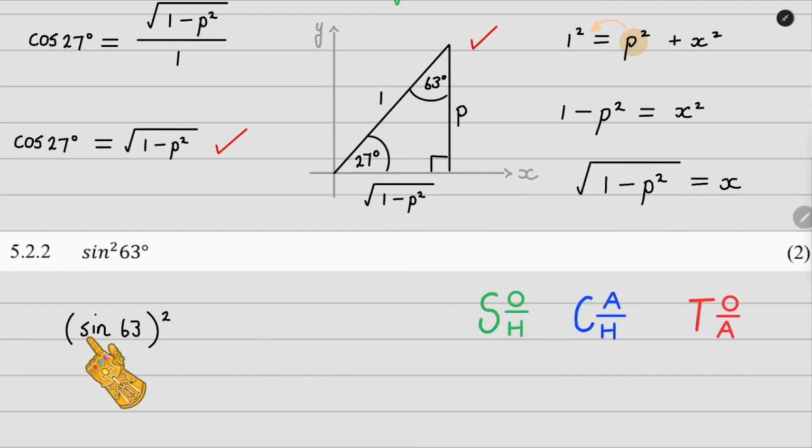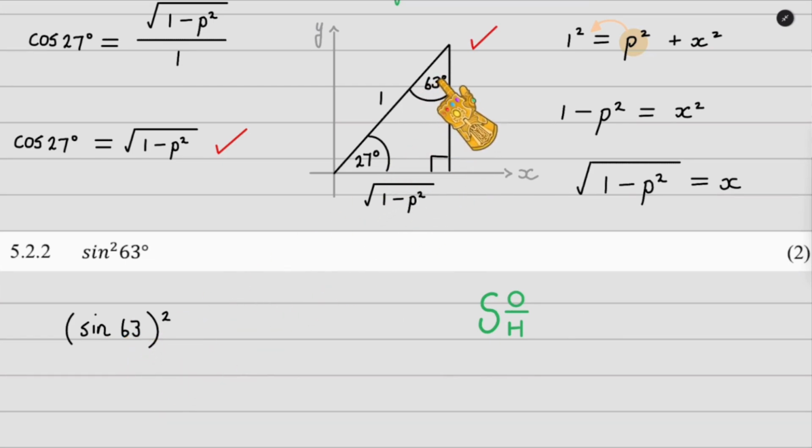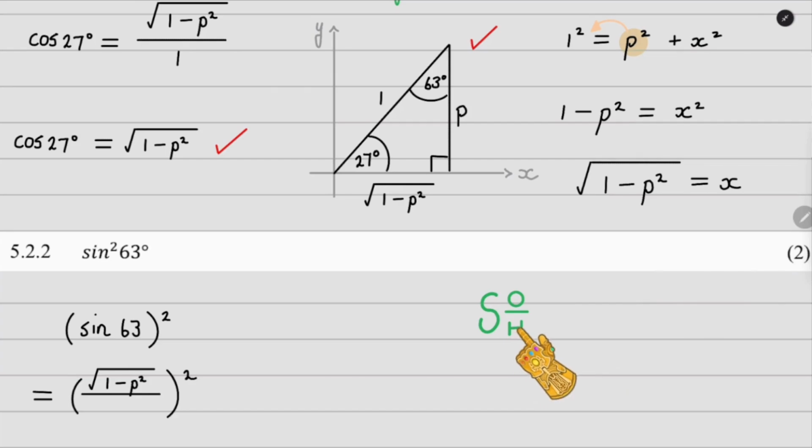Okay, so we're working with sine, so we're going to be using SOH. Sine is opposite over hypotenuse, and it's opposite to this angle. So now we're using 63 as the reference angle. Opposite 63 is this thing over here, so I'll put that on top. And what goes at the bottom is the hypotenuse. The hypotenuse won't change no matter which angle you're looking at, so the hypotenuse is still 1.